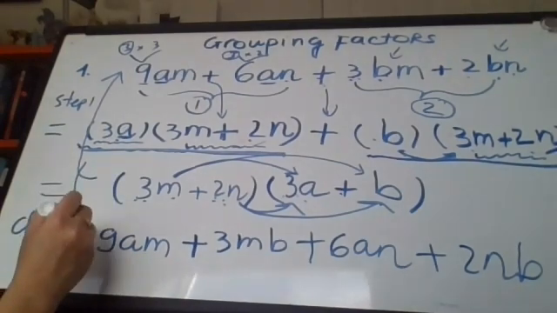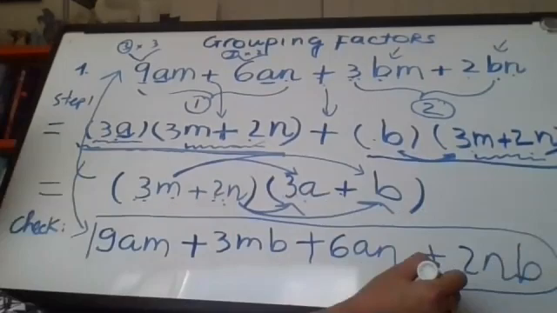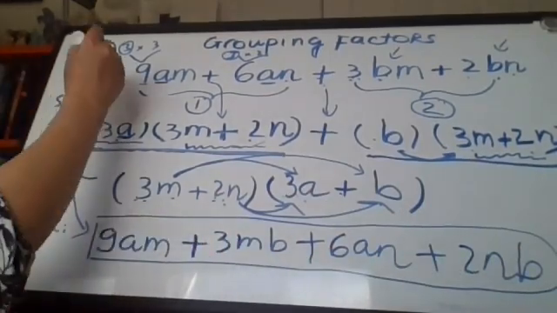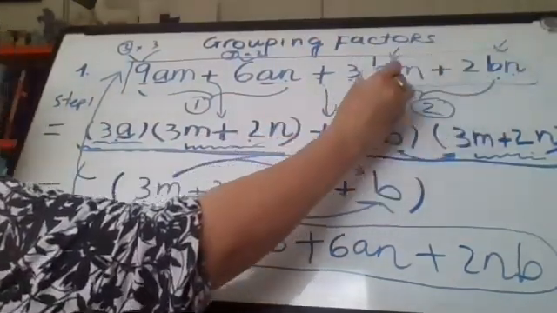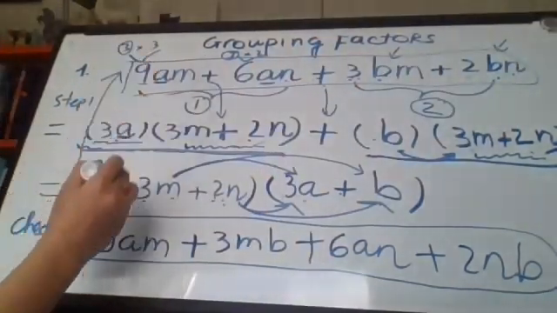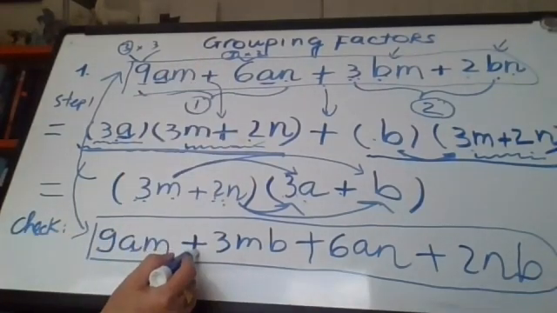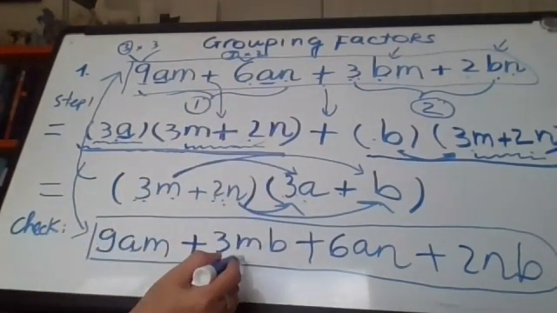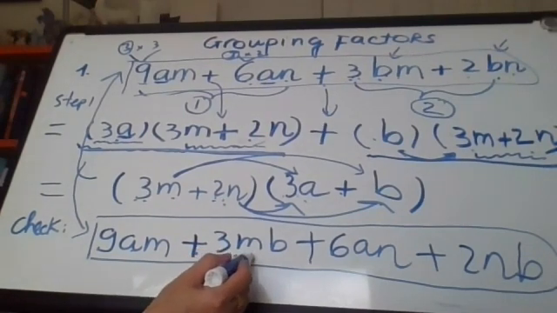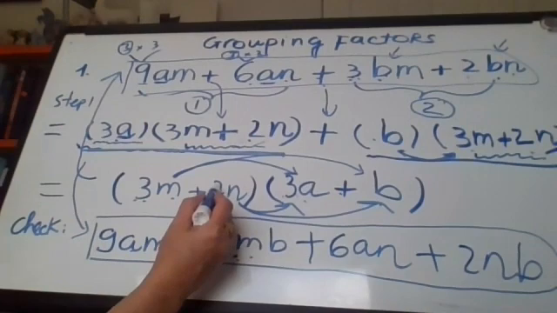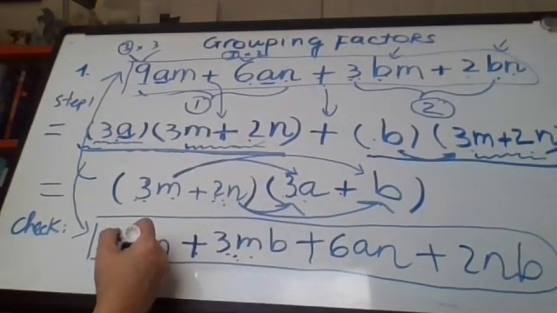Now let's look at it. Is this expression down here, for checking, when I expand, the same as the top? Let's check one by one. 9AM, 9AM. Plus, check the side as well, right? 6AM, 3MB. Okay, so I multiplied wrong. 3 times 3 is 9.